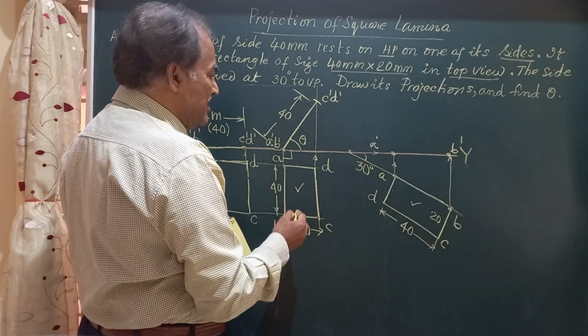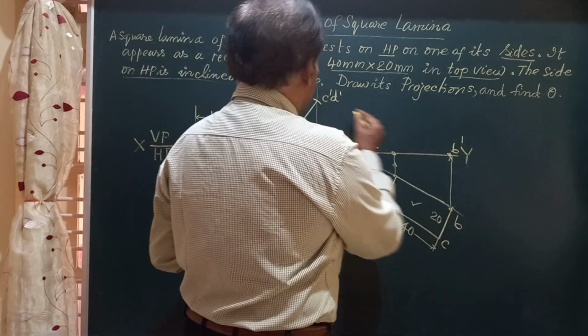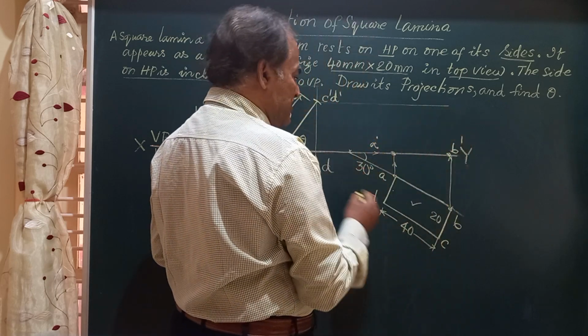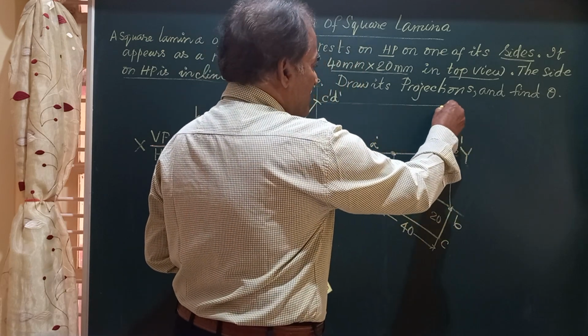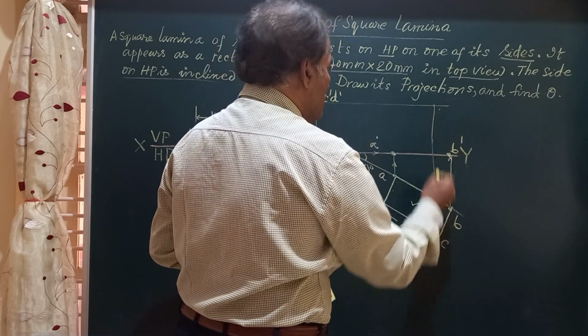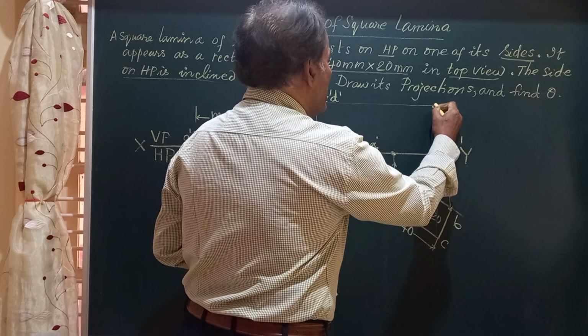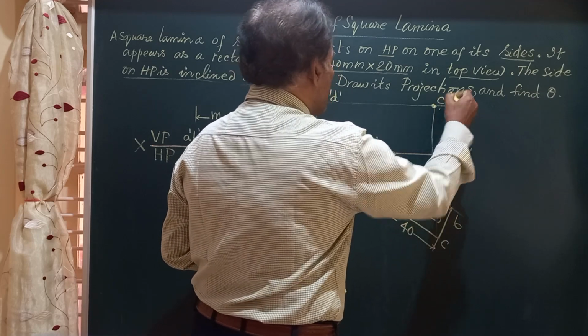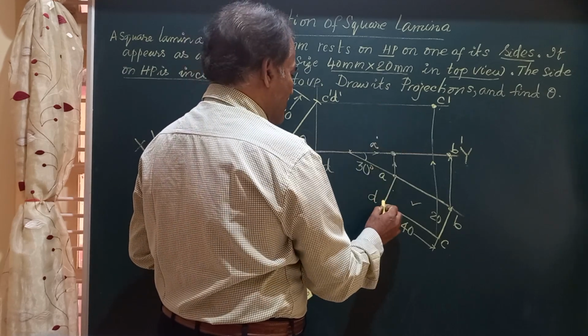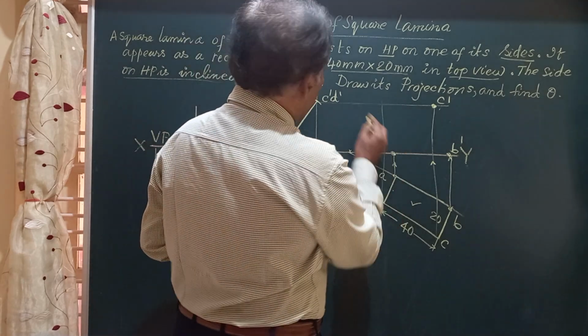Then similarly, repeat the procedure and get points C and D. So a horizontal line from C dash, a vertical line from the point C here, will give you the point C dash. Similarly D dash: a vertical line from D, a horizontal line from here.